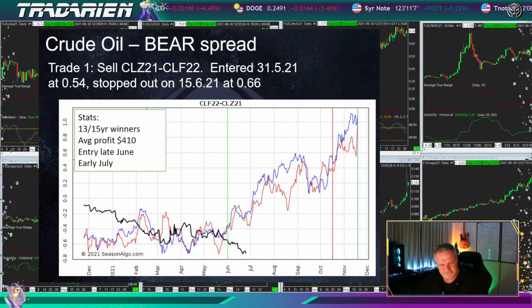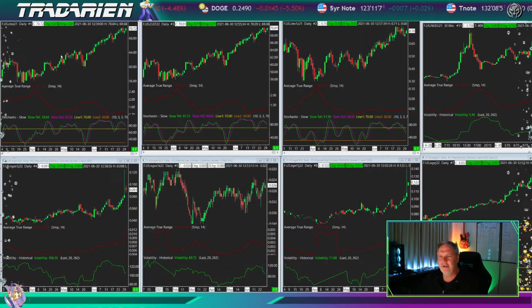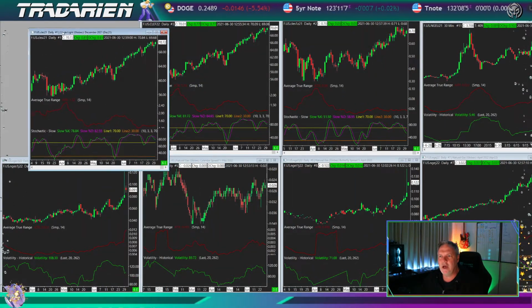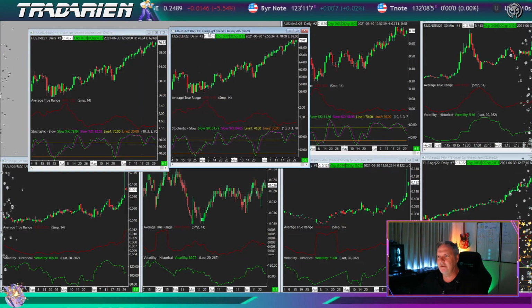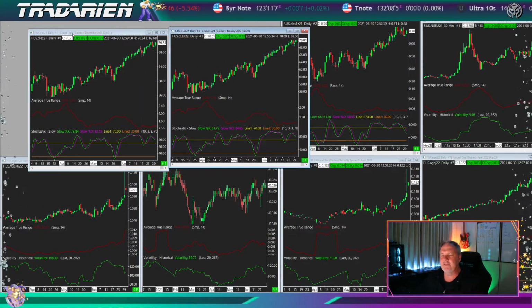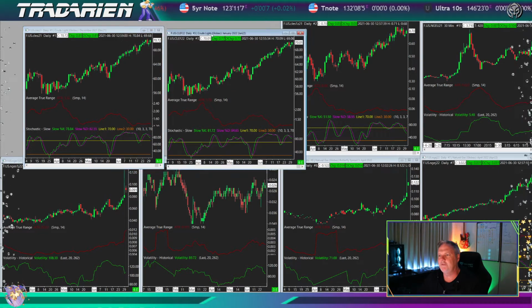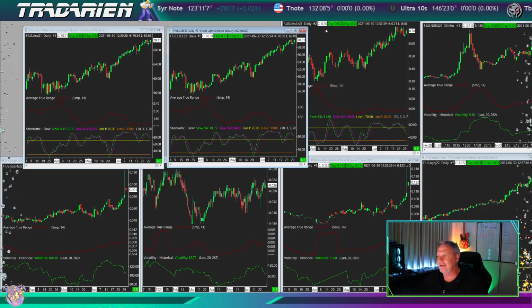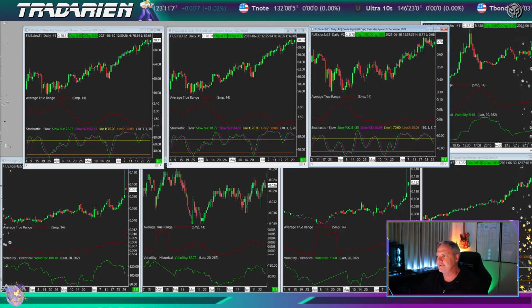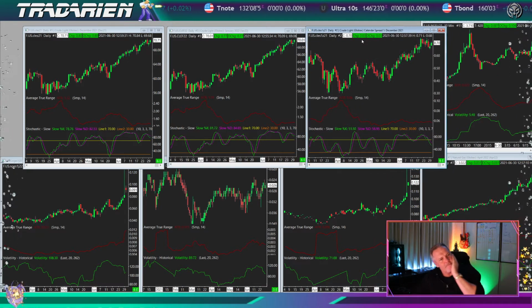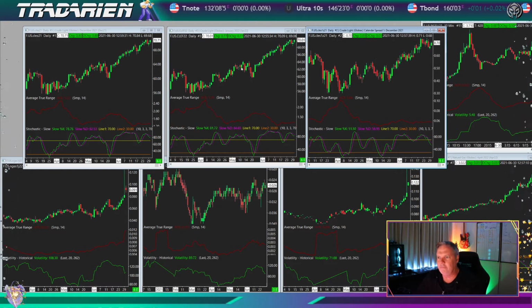That said, let's have a look at the market itself. Over here we've got the December contract, and this is the January contract, and this is the spread for said trade. Let me see if I can zoom in on that for you.